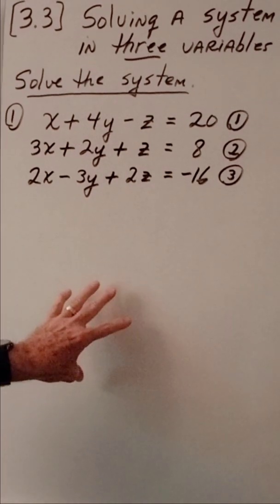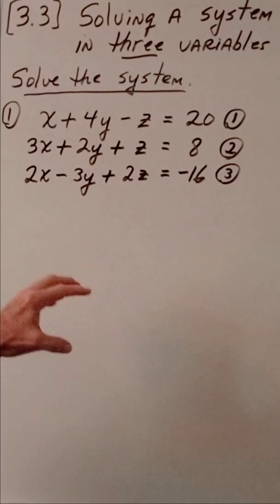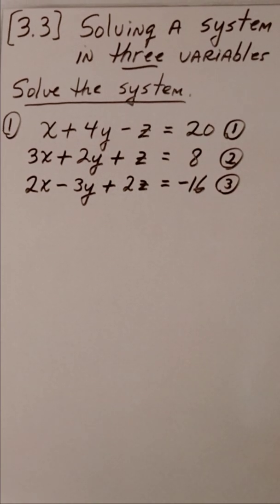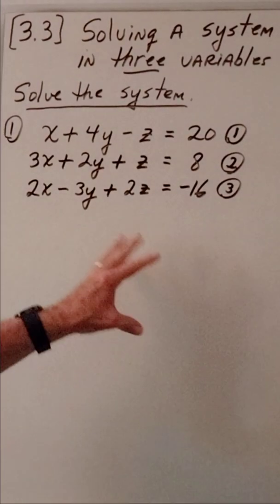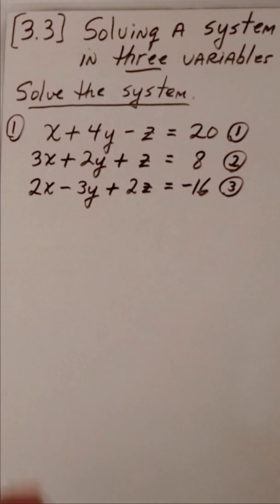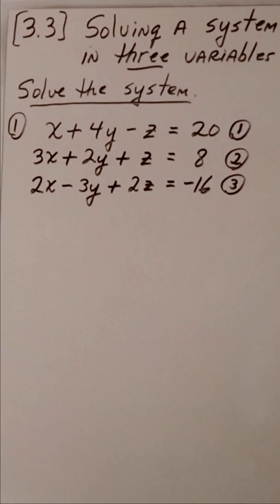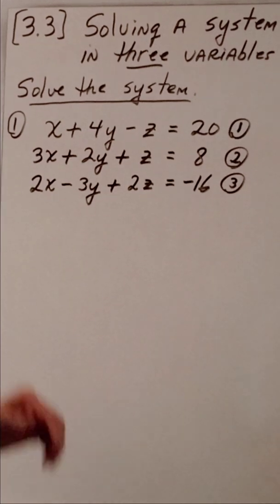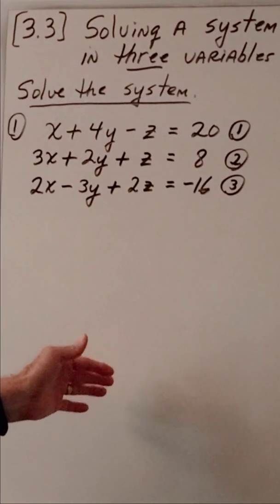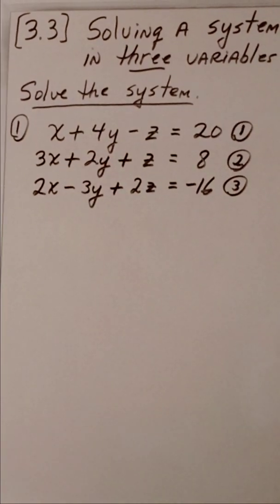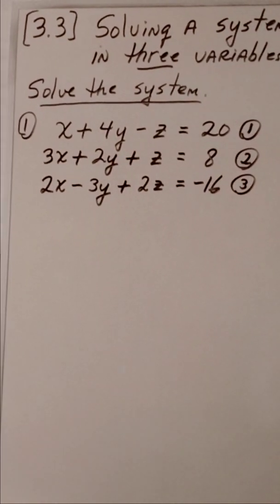You start out by picking two different pairs of equations. Two different pairs. And with each of those pairs that we identify and write down, we're going to use the process of elimination to eliminate the variable z from the overall system.